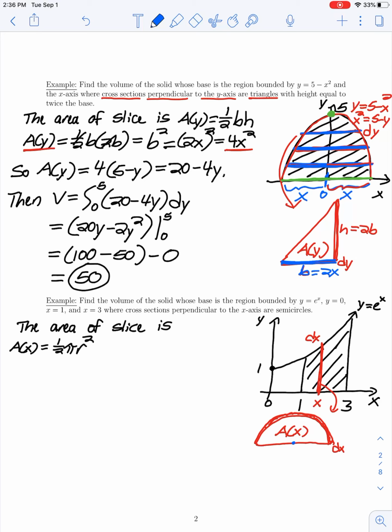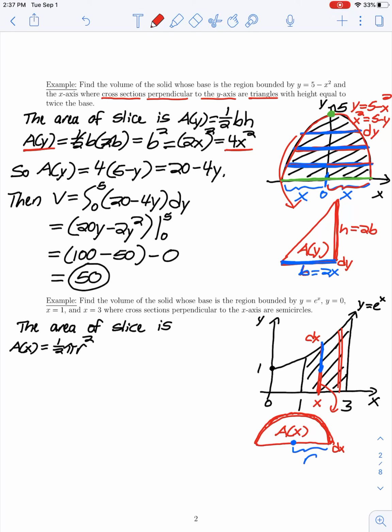Now let's think about how to find our radius of such a circle. So the radius would be the distance from the center of our circle to the outer edge. So when we're looking at our slice here, the radius that we want would be the distance from the center of that circle to the outer edge. And depending on where we take our slice, that radius could be larger or smaller.